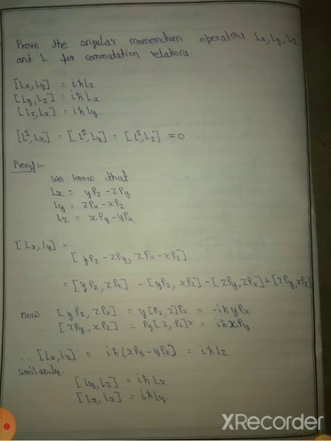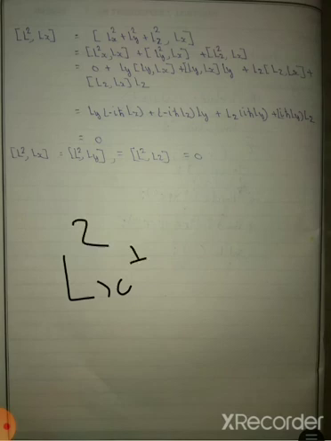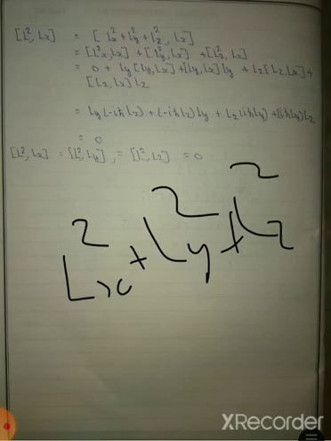So now we have to calculate L squared with Lx, Ly and Lz. This is also in a similar manner. We know that L squared is equal to Lx squared plus Ly squared plus Lz squared. Here these relations are present, and firstly we calculate with Lx.